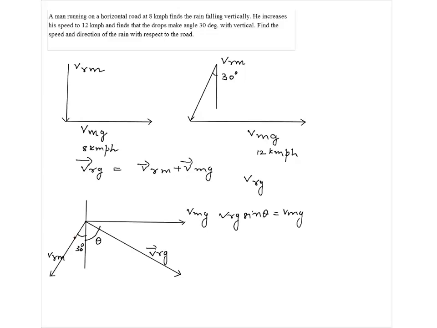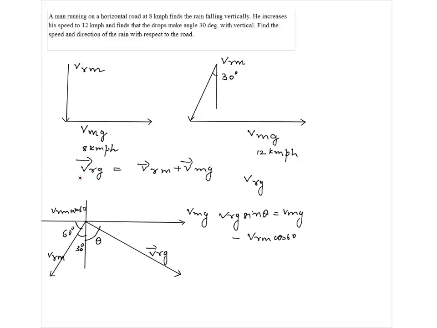And this fellow is coming partly. VRM. This angle is 60. This is 60. So VRM cos 60 left side. That I must subtract. Minus VRM cos 60. Right? So this vector is equal to this.